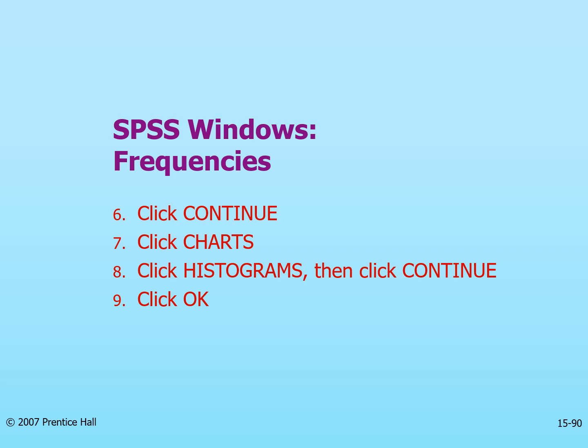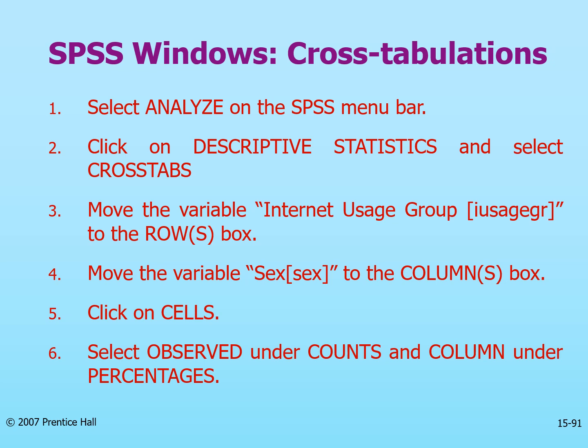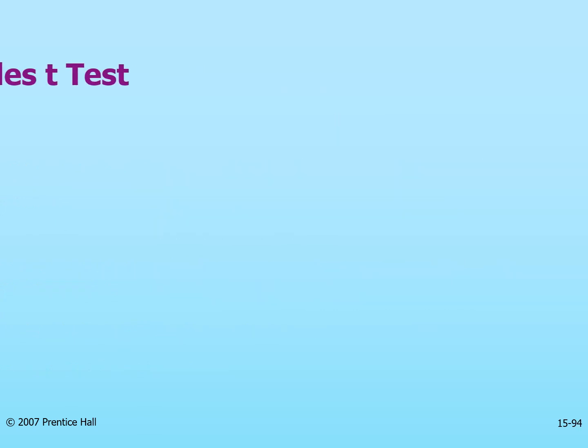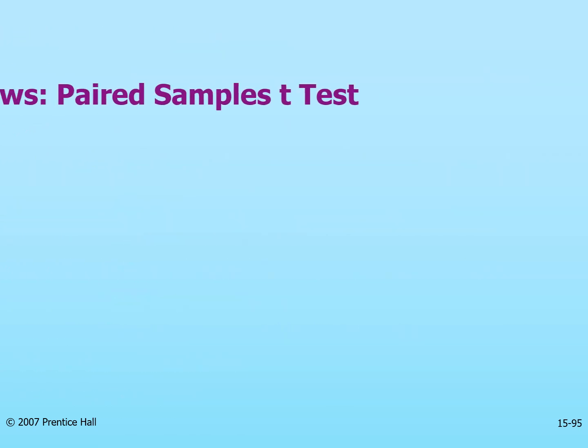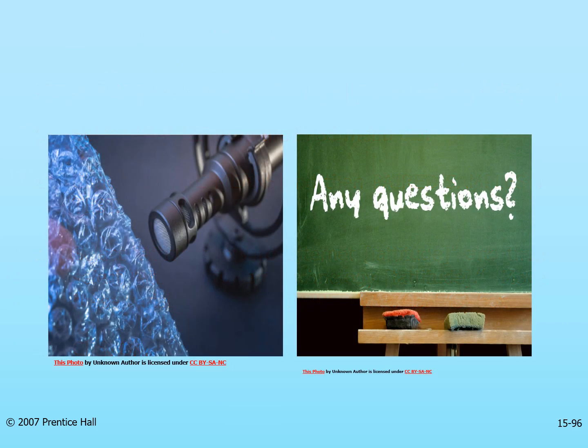You can continue, and you can have the chart, histogram, and everything. Same way you can have the cross tabulations. You can go by the sequence. You can go for the t-test also. I have tried to give you a little bit more.